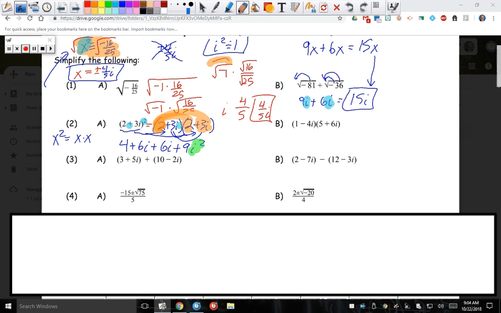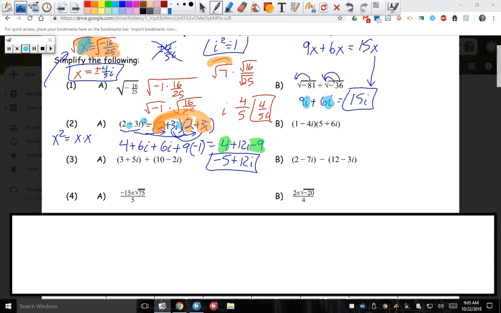So think of it as substituting a negative 1 where i squared is located. When you finally simplify, you would get 4 plus 12i minus 9, and then you combine like terms. 4 minus 9 gives you a negative 5. So you'd write negative 5 plus 12i. That would be your answer.